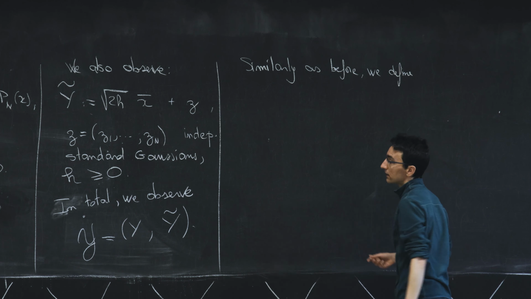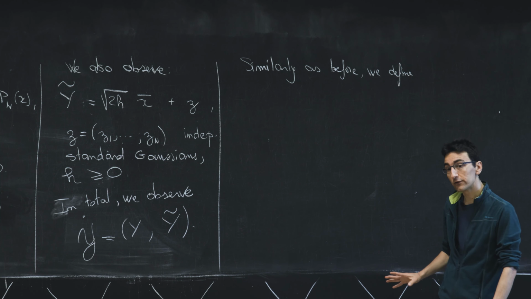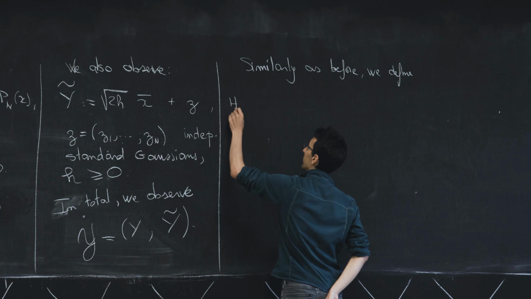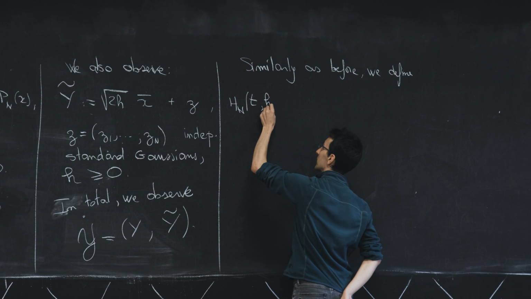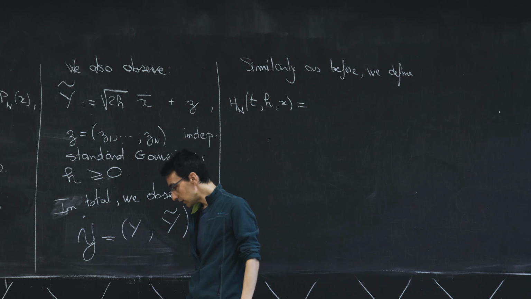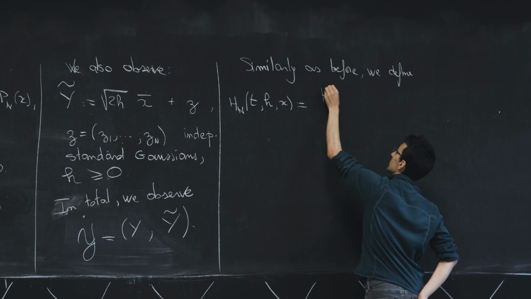And that is why I was writing this Hn with a 0 on top, because it was not yet my preferred definition for Hn. So now it will depend on T and also on H. So there's the first part, Hn0 of x.